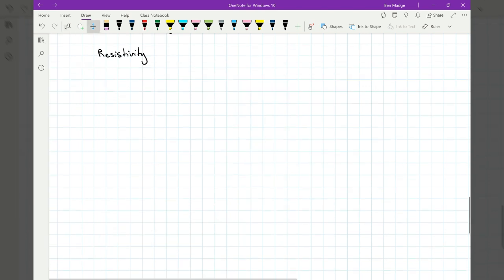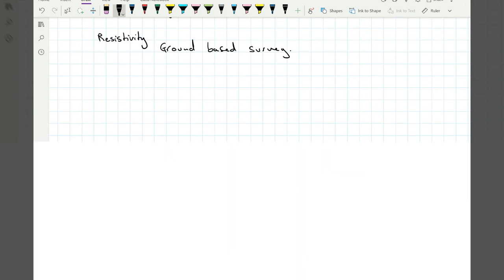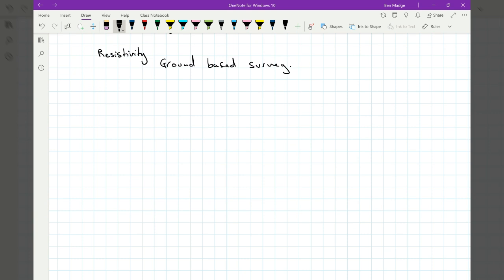So this again is a ground-based survey. And resistivity is the ability for rocks to resist the movement of electricity.